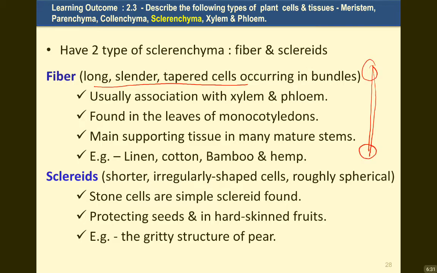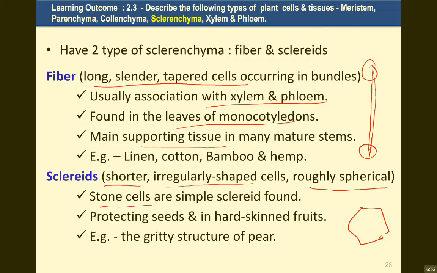They occur in bundles, usually associated with xylem and phloem, found in the leaf of monocots, as main supporting tissues. While sclerid is shorter, irregular in shape, and roughly spherical. Usually we see sclerids in seeds and fruits. They are stone cells. For example, our pear, you can see that our pear has something like this. It's made up of sclerids.